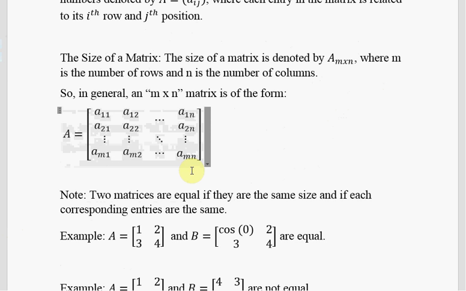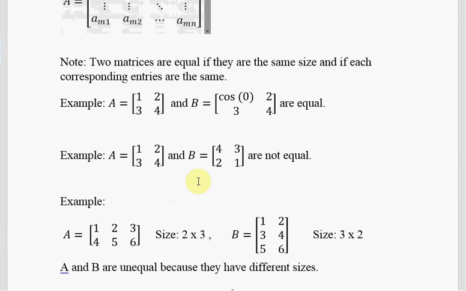You can have matrices that have the same entries but different sizes, and thus they're not equal. In the example there, you've got the same entries, but they're not corresponding, so these two matrices are not equal.